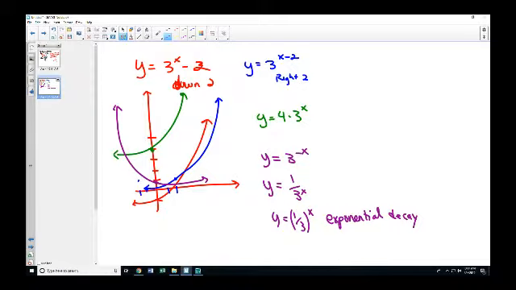So exponential decay, and we would call these exponential growth. How many of you have had an infection and they've swabbed it and done a culture at a hospital or a clinic?